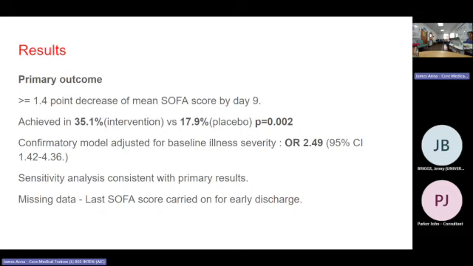They did another sensitivity analysis. What they initially did was, if the patient got discharged before 9 days, for instance, they would carry on the same SOFA score for the rest of the days until day 9. With the sensitivity analysis, they excluded those patients and checked the data again. Again, it was consistent, which shows that the primary outcome was quite strong.